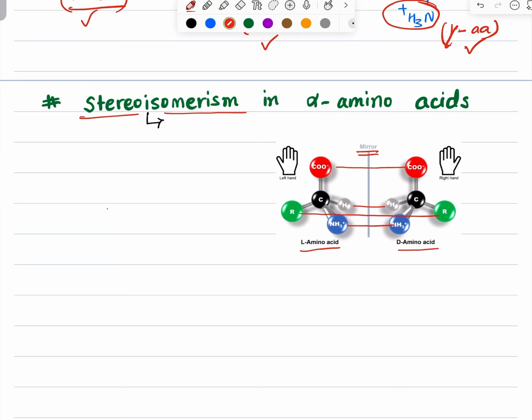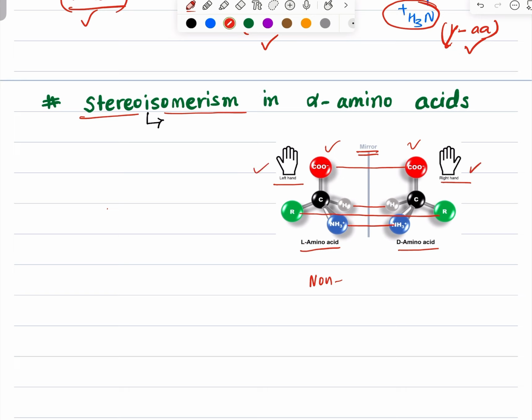When they are mirror images of each other in their attached groups, we call them stereoisomers. This is when the mirror images are non-superimposable, which basically means your left hand and right hand cannot be superimposed on each other. If you draw your left hand here and right hand here, they will not superimpose.